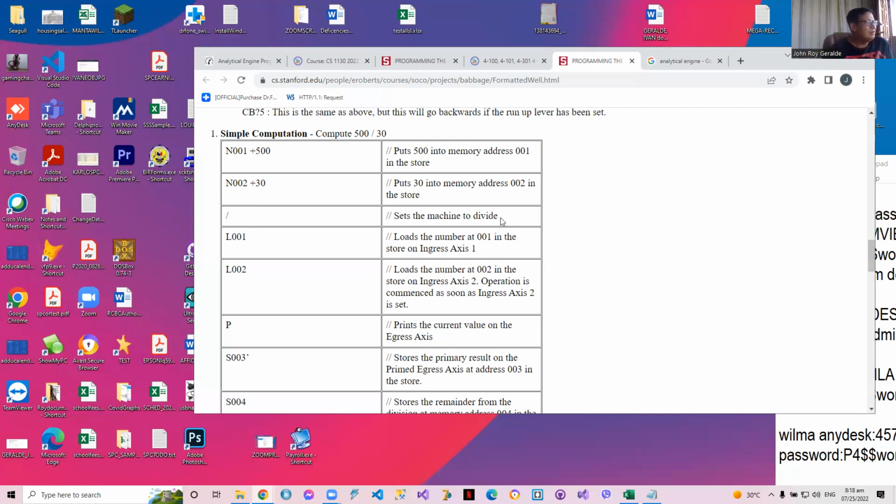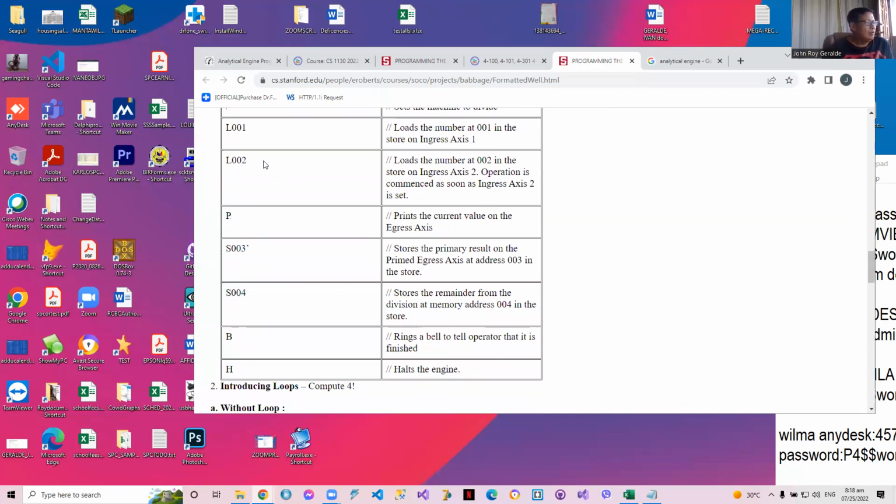Do you follow? And when you say load 001, the value from the store at address 001 will be loaded into ingress axis 1. When you say load 002, the value in 002 will be in ingress axis 2.